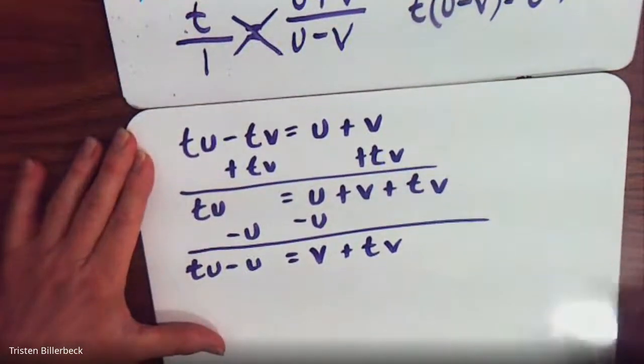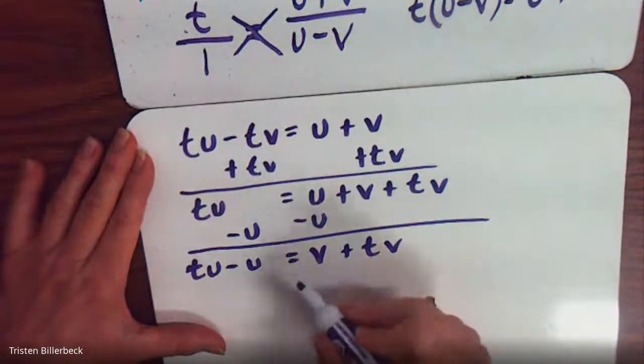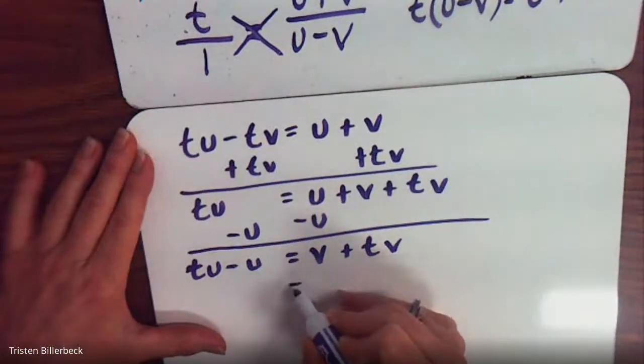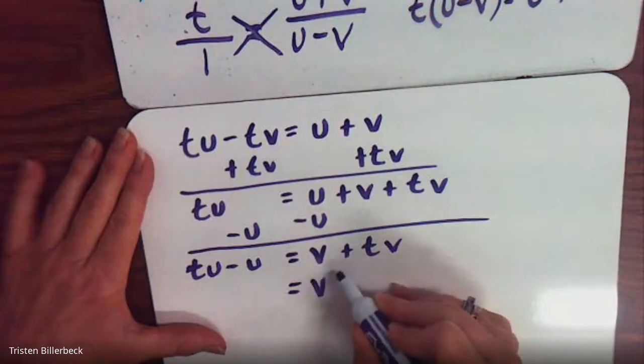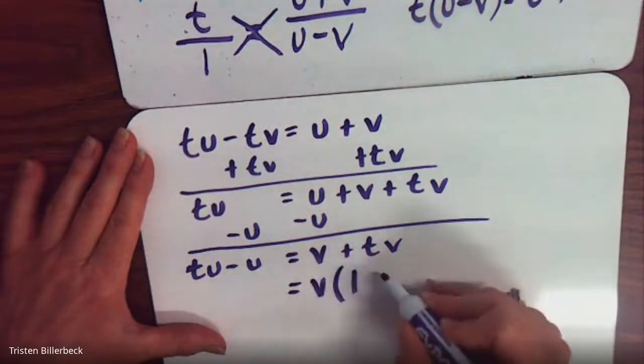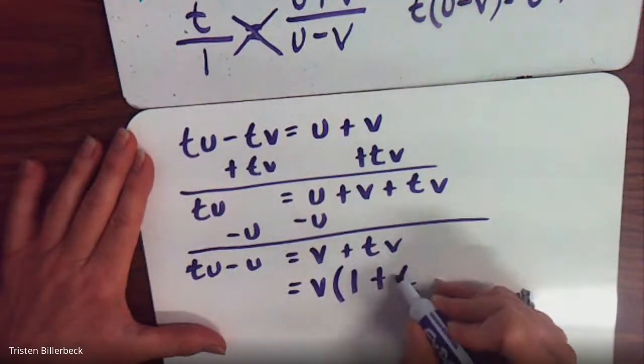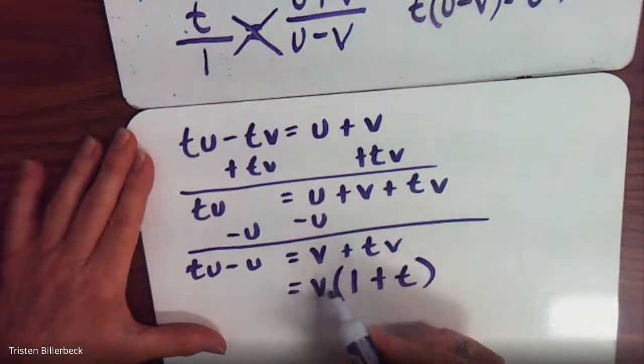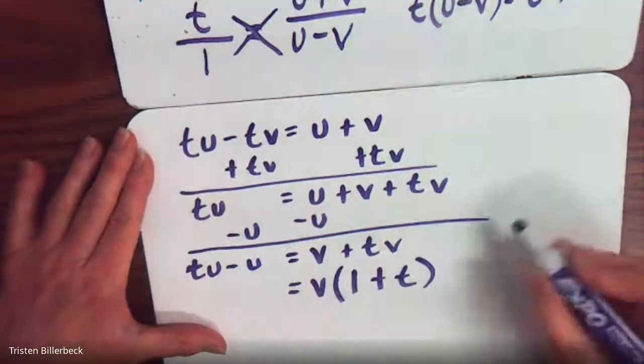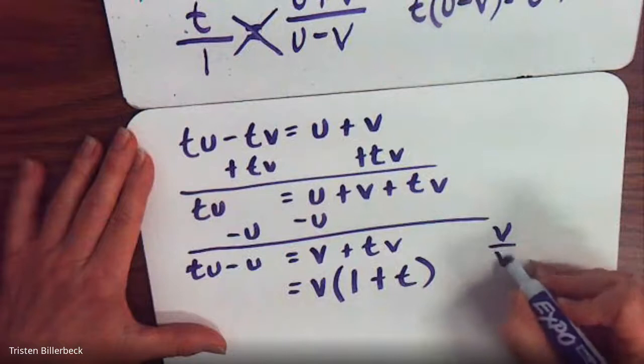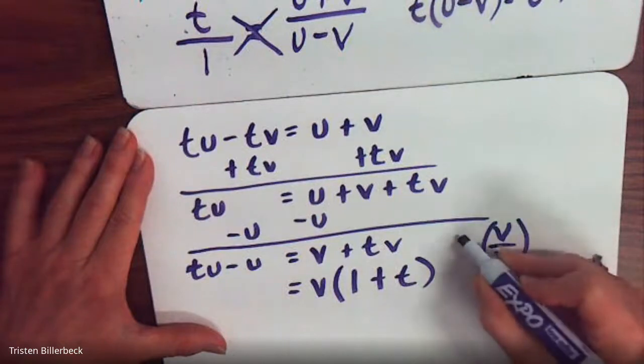All right, so we can pull the V out of both of these terms, and now you can probably start seeing how we might actually do this. When we pull a V out of V, we have 1. Remember how when you divide like that?